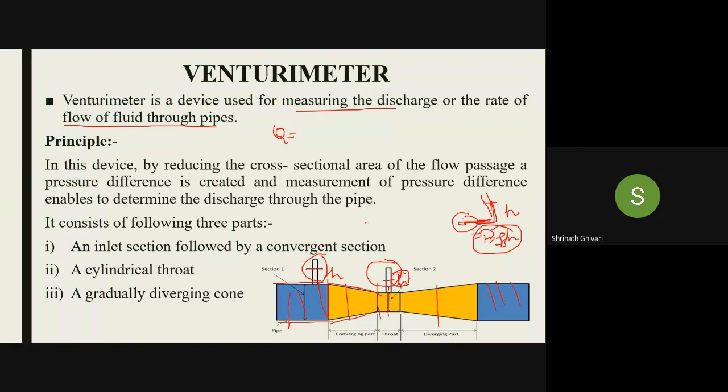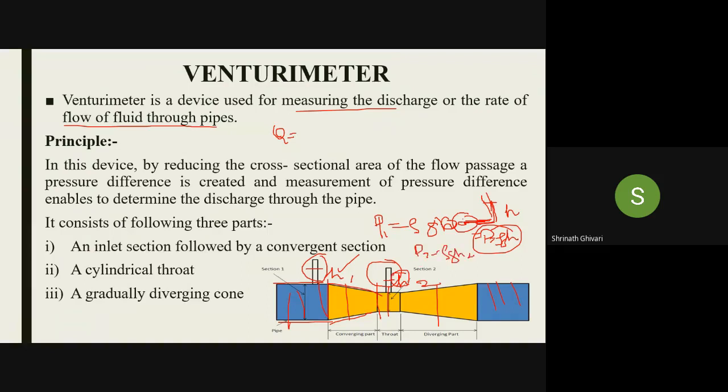Now, if you want to measure the pressure, how will you measure? P equal to rho g h. Now, H is what? This one, H1, H2. P1 equal to rho g H1, then P2 equal to rho g H2.